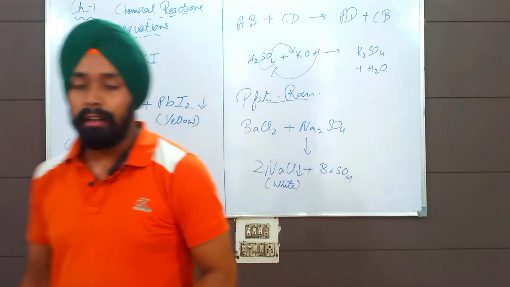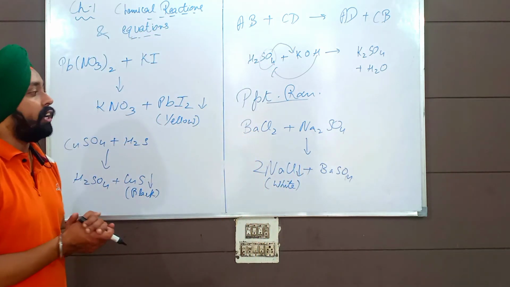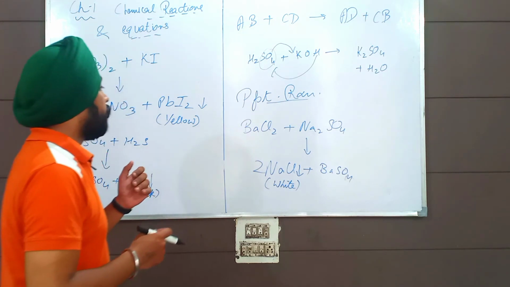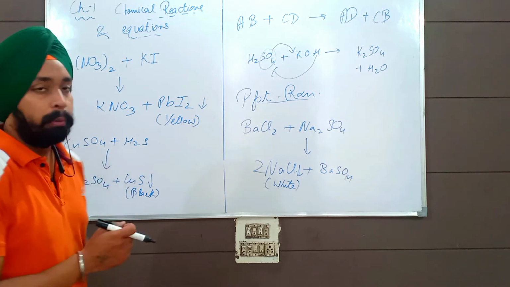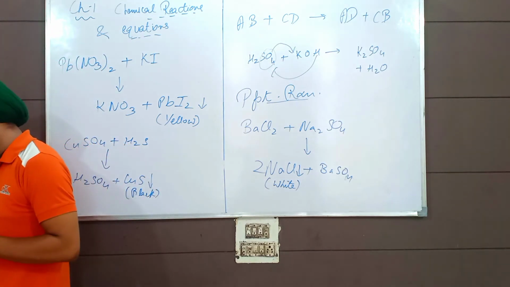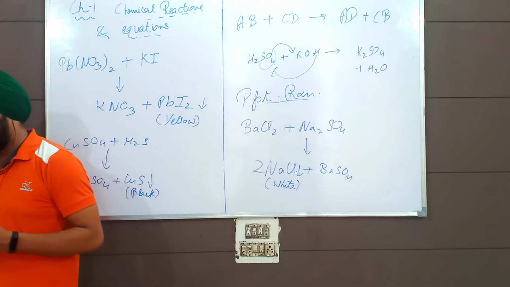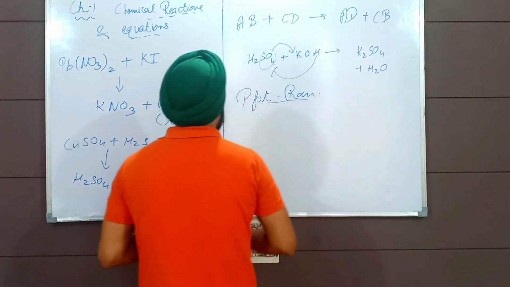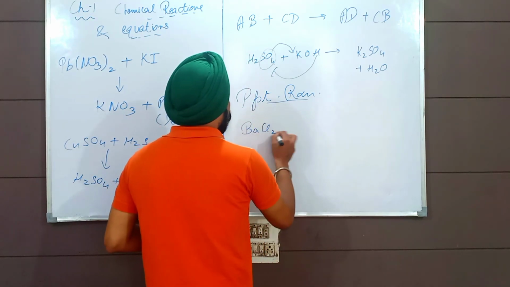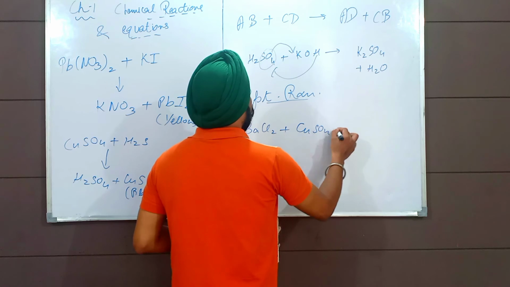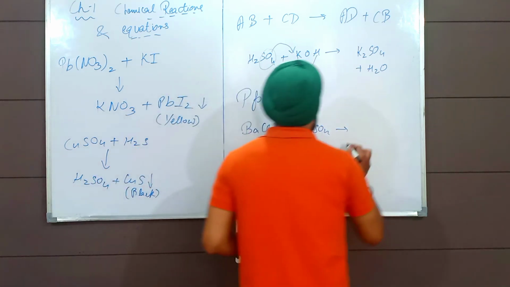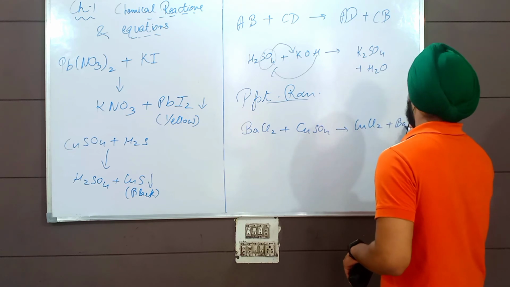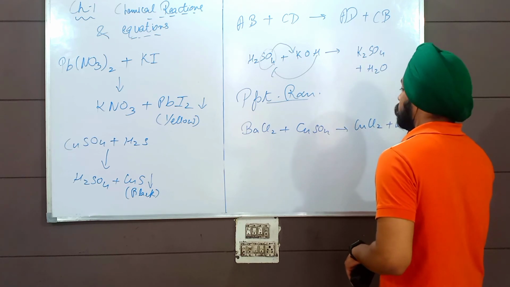You can have other double displacement reactions also, but I think these three are most important. For example, if barium chloride reacts with copper sulfate, we'll get copper chloride plus barium sulfate.